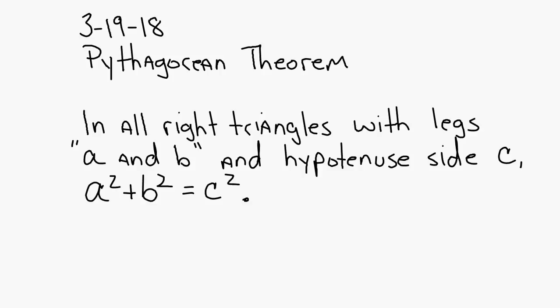In all right triangles with legs A and B and hypotenuse side C, A squared plus B squared will always equal C squared.